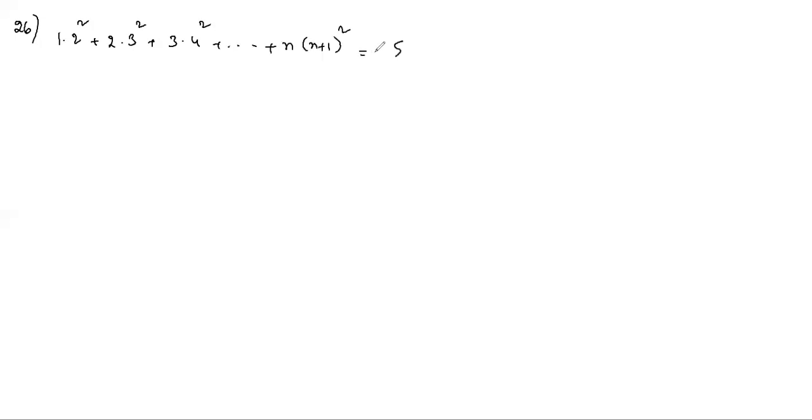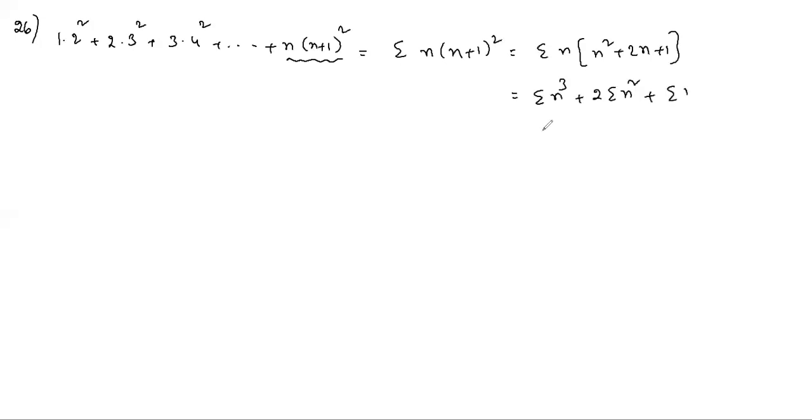What is the general term? It is n into (n plus 1) whole square. For this, you have to apply sigma notation. It equals sigma n into (n square plus 2n plus 1), so this is sigma n cube plus 2 sigma n square plus sigma n.